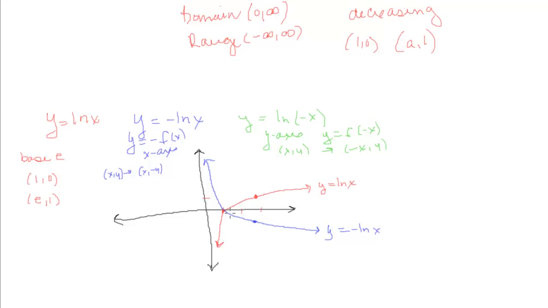So again, we're basing this off of the original function, so the red one. So instead of (1, 0), I would plot (negative 1, 0), and instead of (e, 1), I would plot (negative e, 1). So my y-axis reflection, I'm getting a little jagged, would look something like that.